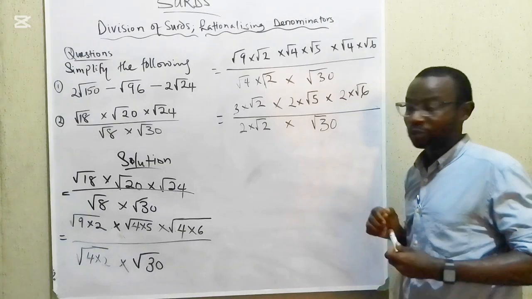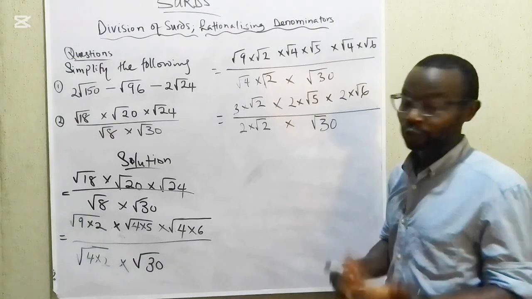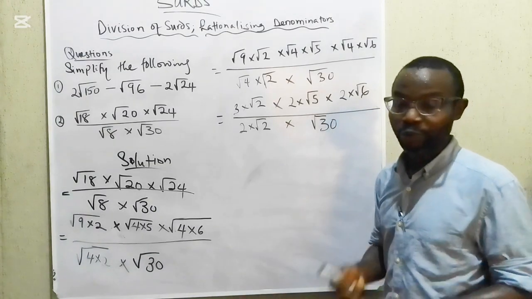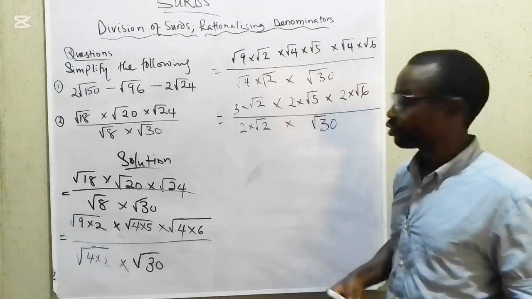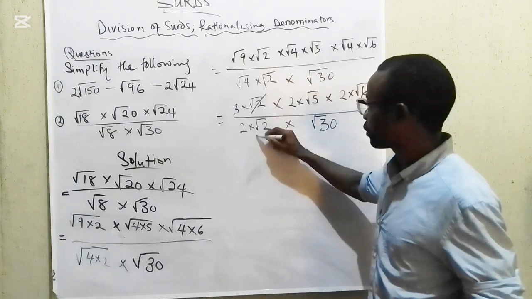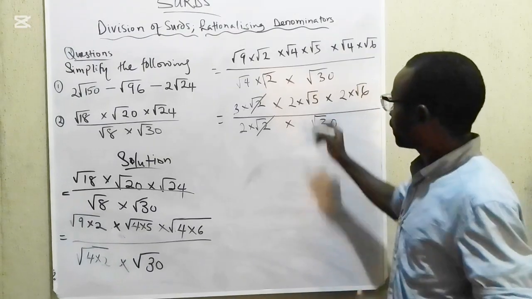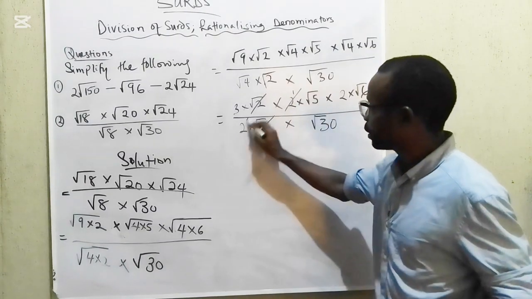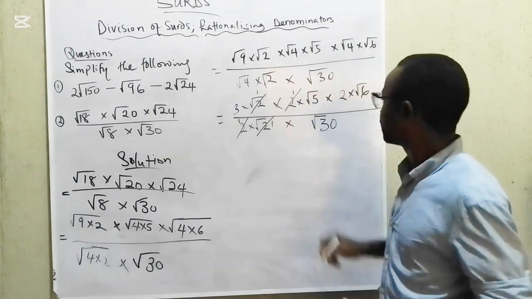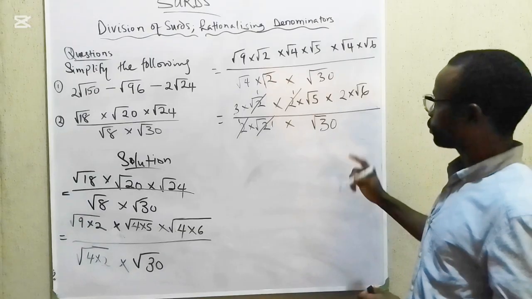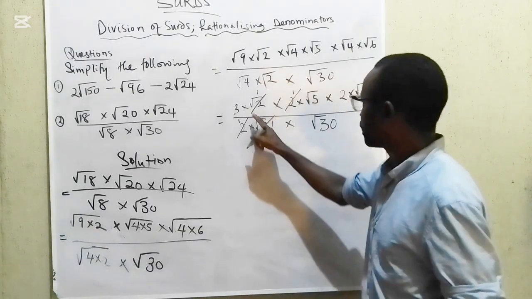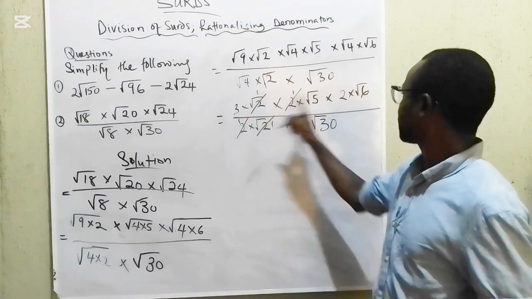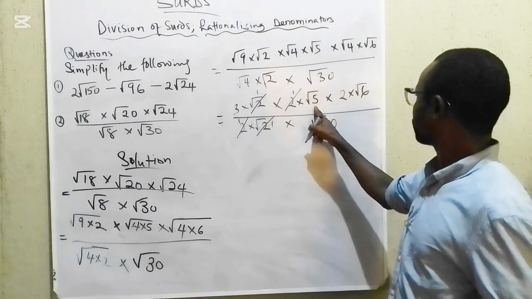So what do we do here? Like in primary school or elementary mathematics, those that are alike will cancel each other. So this will cancel this, and all these are gone. These are what we have here. So this is going to remain 3 times 2, and then root 5 and root 6.